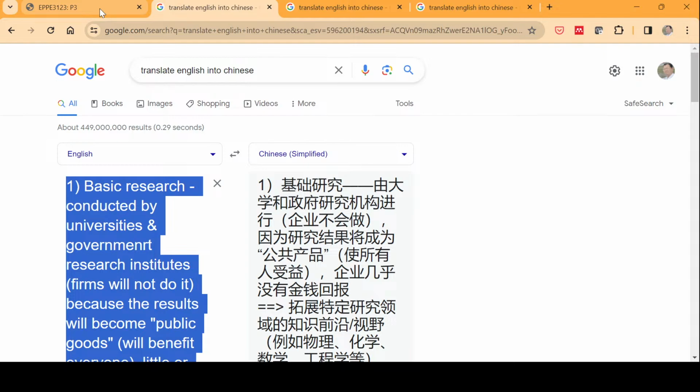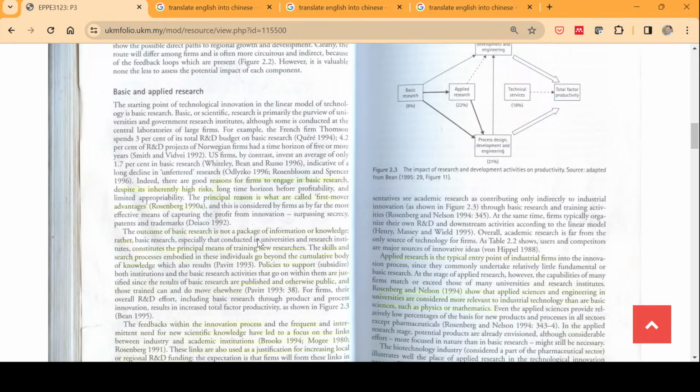Product and process. And we have technical services. All this will add up to the total factor productivity. So the outcome of basic research is not a package of information and knowledge; rather, basic research, especially that conducted in universities, constitutes the principal means of training new researchers.